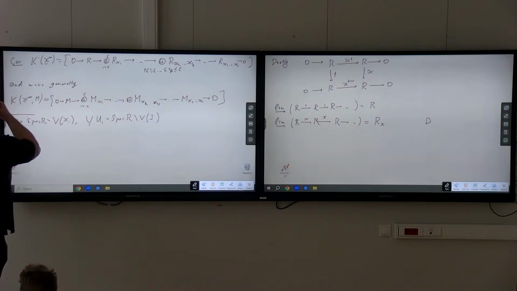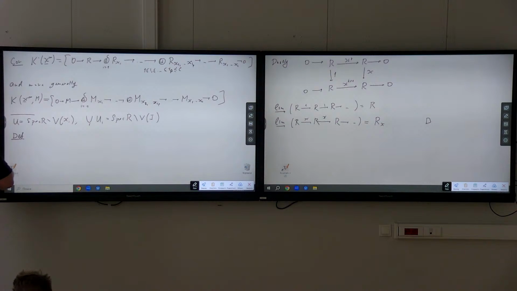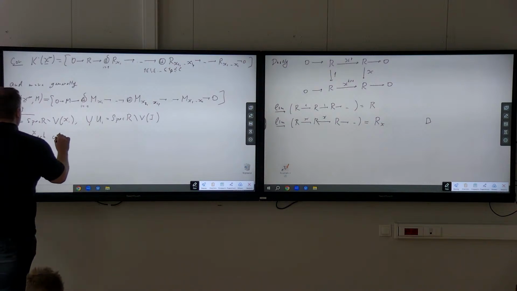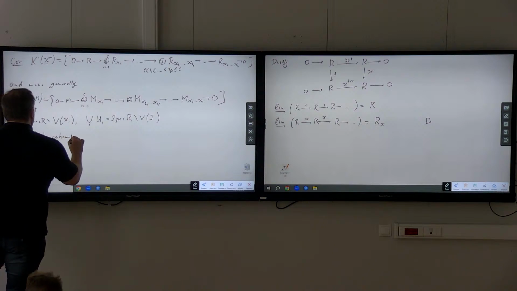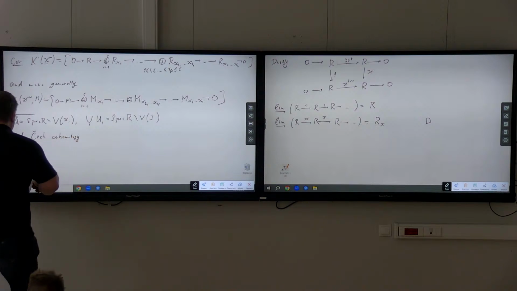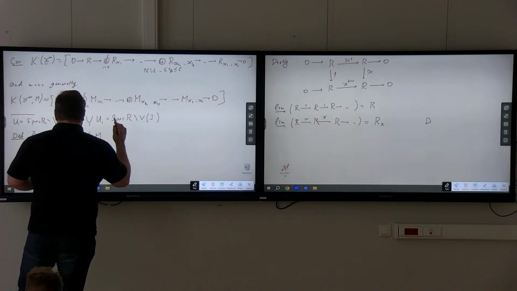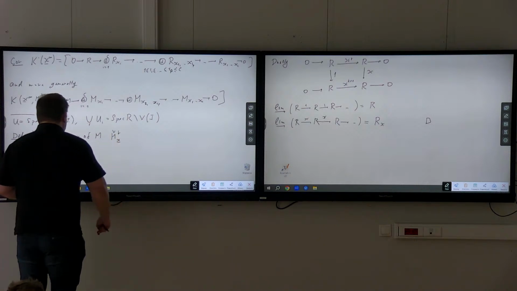Okay. So now, definition. We can define the Čech homology of a module M. Well, this is H, depending on the sequence x.